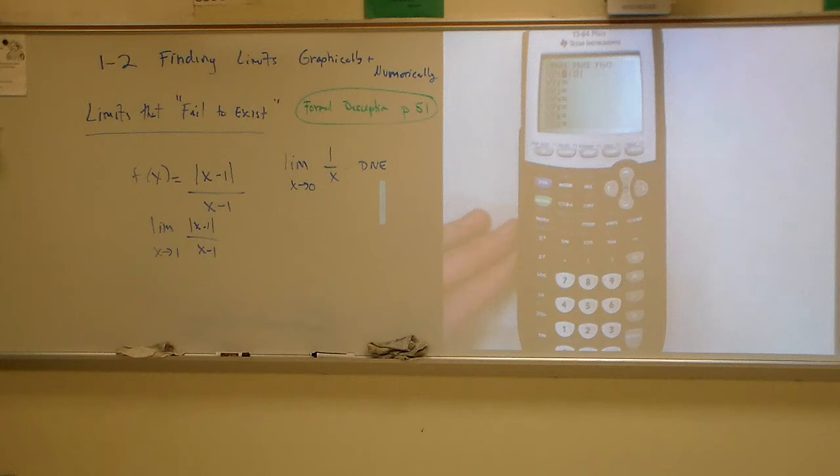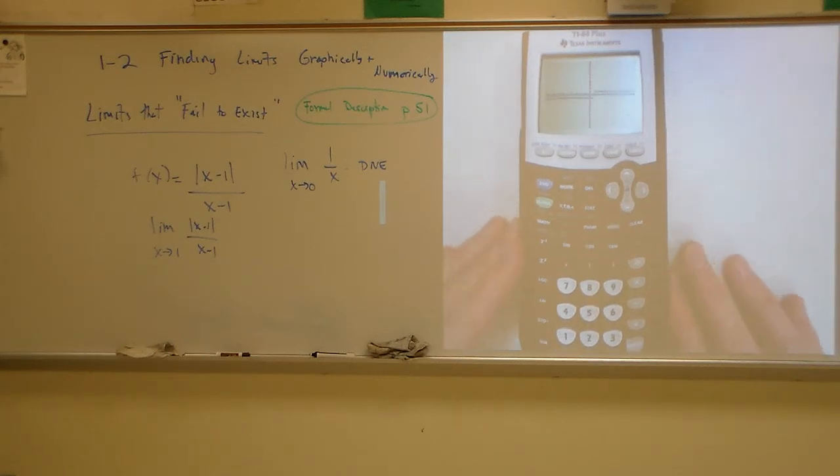So if I hit absolute value, then it has that, which is what I want. Then x minus 1, I have to get out of that absolute value, and then divided by x minus 1. I don't know if I should have made parentheses around that. I'm not used to the order of operations in this calculator. It's different than the one that I have. Now let's hit graph.